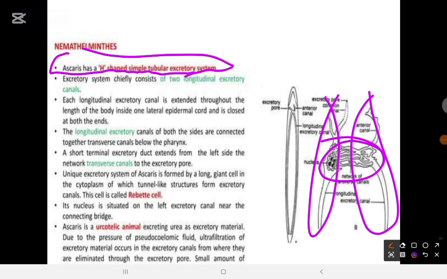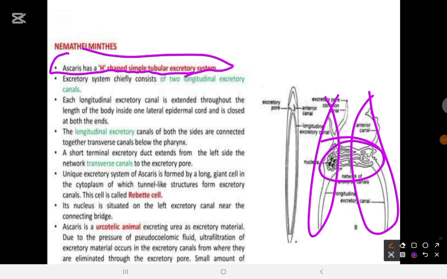Basically, the canal simply collects waste and it opens to the outside through pores too. So the pores are where the excretory products are passed out of the body of the organism.